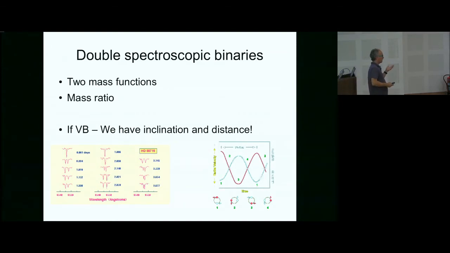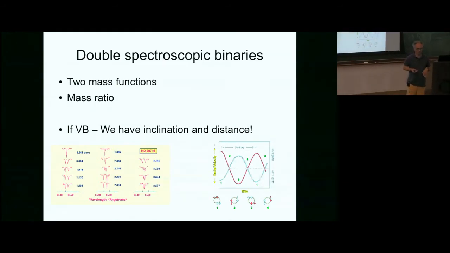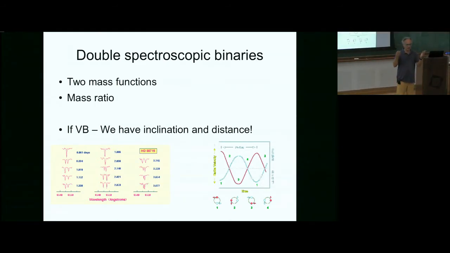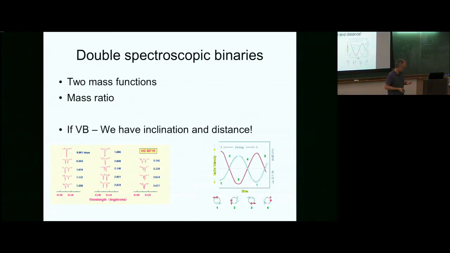So that way, doubly spectroscopic binaries that are also visual binaries can serve as a distance probe and an independent distance estimate that doesn't depend on the parallax.